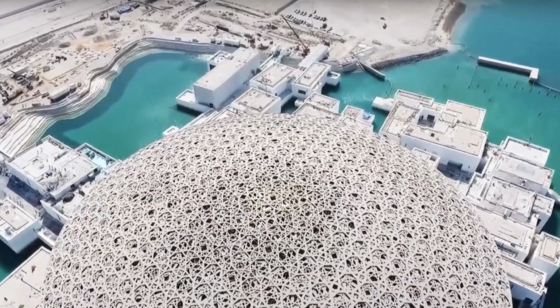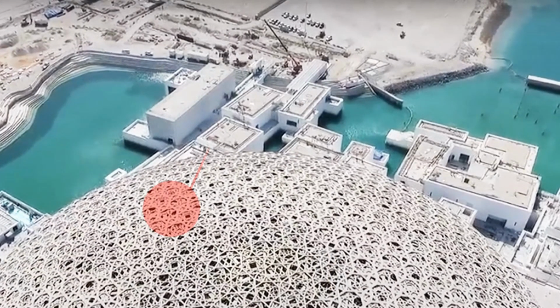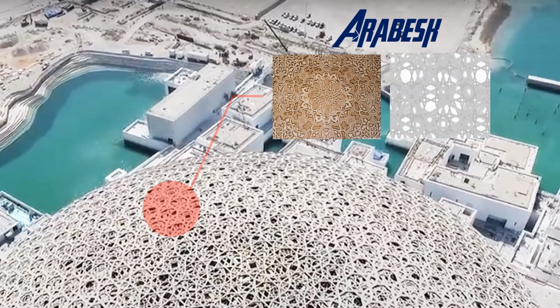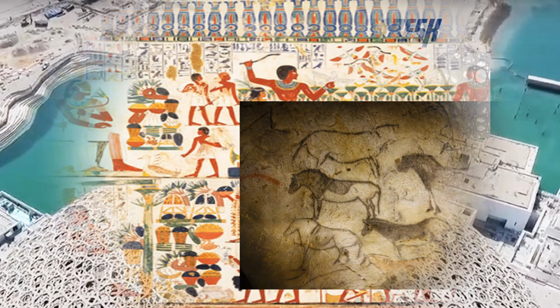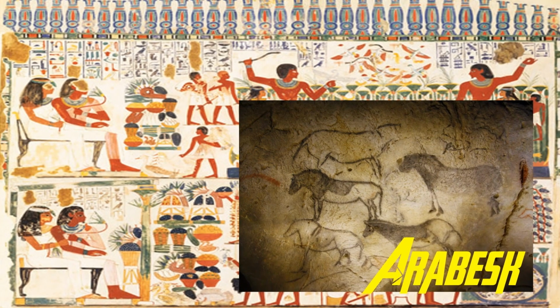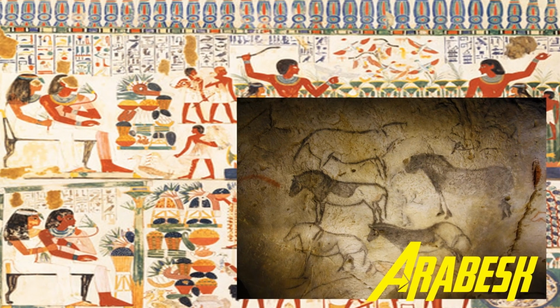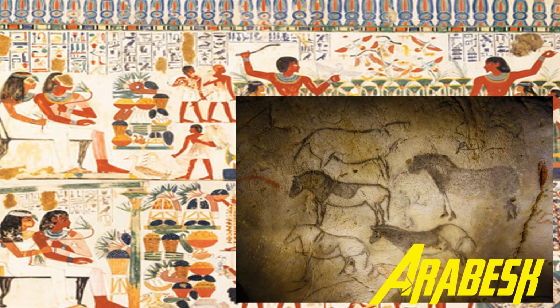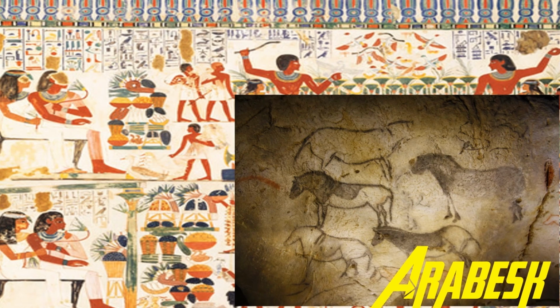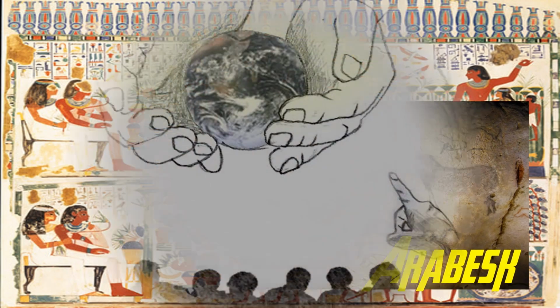The design of the Louvre Abu Dhabi's dome comes from arabesque, a traditional Arab pattern. The main reason why Arabs made arabesque is that they do not make statues or murals depicting people or animals.